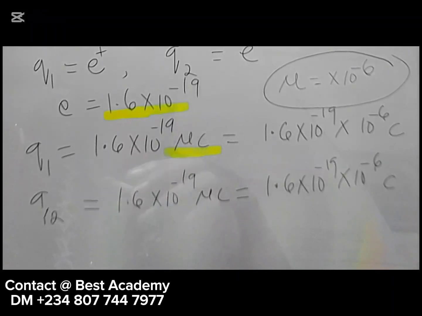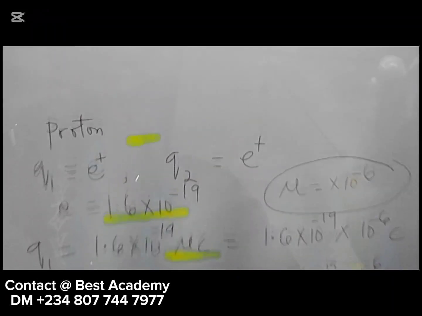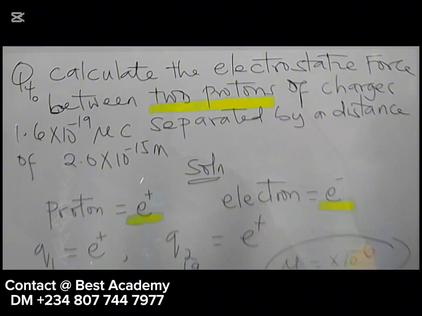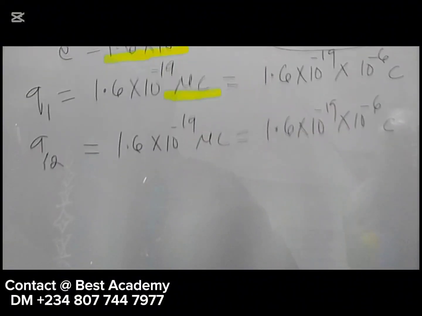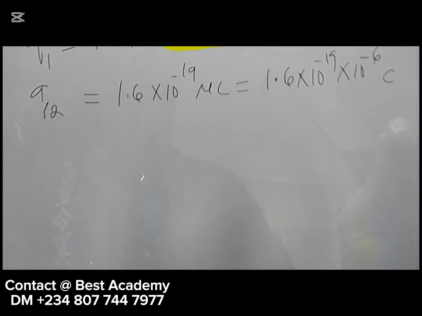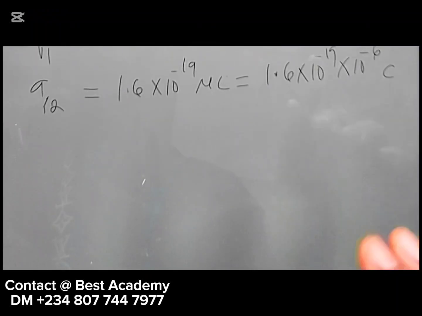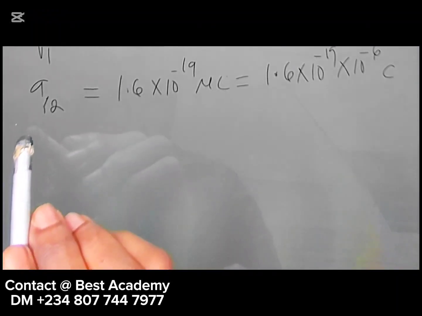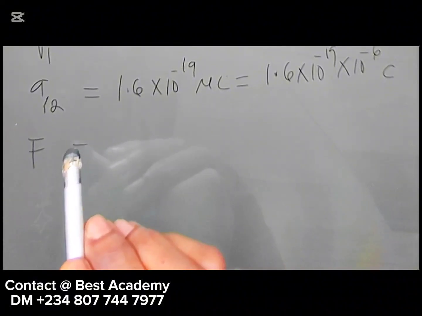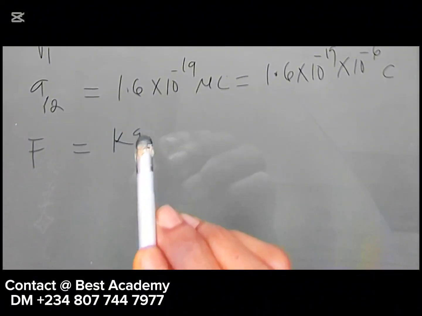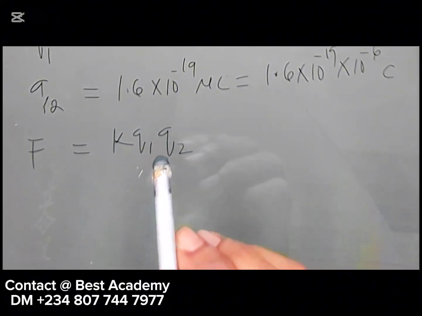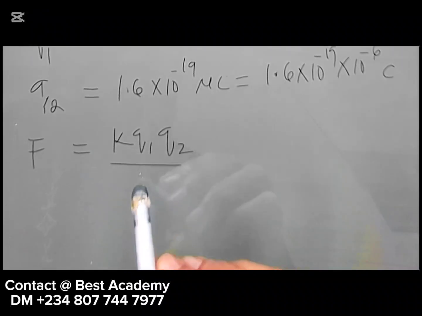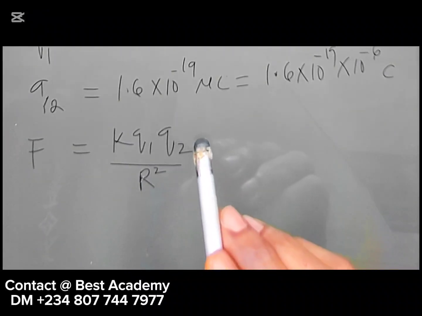Please take note. So now let's know what we're asked to look for. We are asked to find the electrostatic force, and calculating force between two charges, we apply Coulomb's law. So the formula for Coulomb's law is F is equal to K Q1 Q2 over R squared. So now let's replace.